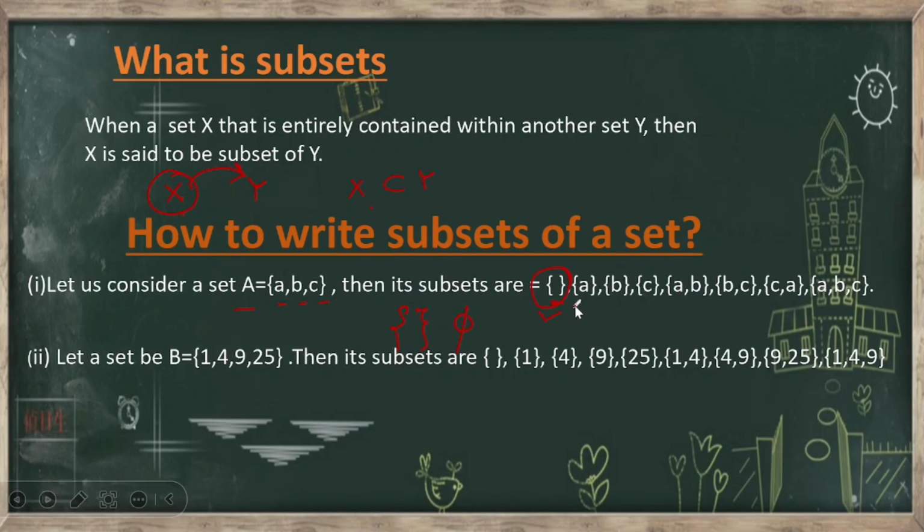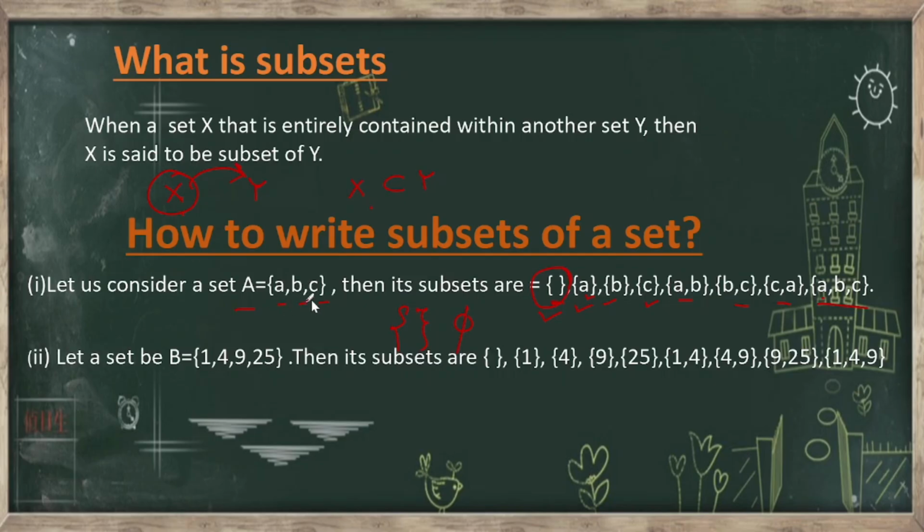Then singleton sets. When a set contains only one element, it is called a singleton set. So the singleton sets here are {a}, {b}, {c}. Each element a, b, c gives a subset also. Then sets containing two elements: {a, b}, {b, c} and {c, a}. Then the set containing three elements: {a, b, c}, which is the set itself here.